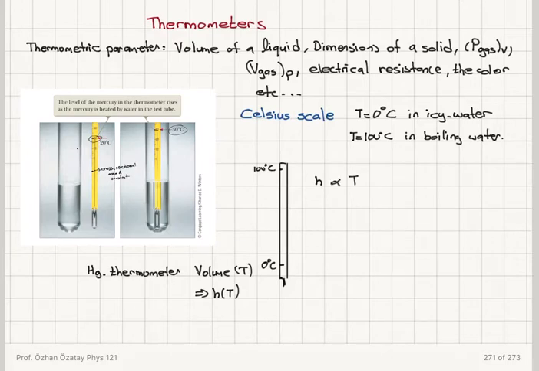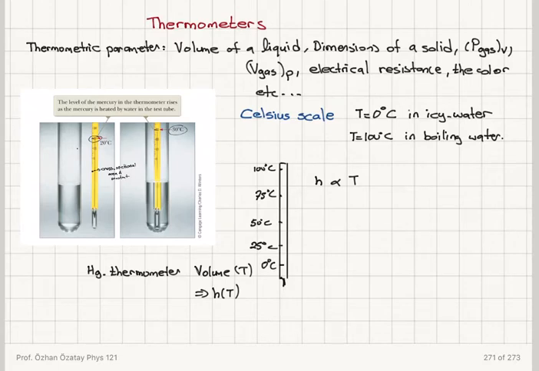Because the height of the column changes linearly with temperature, we can label all the other intermediate temperature readings using a linear scale. So we can put markings right in the middle for 50 degrees Celsius. Here I would say 75. Here I would say 25, etc.